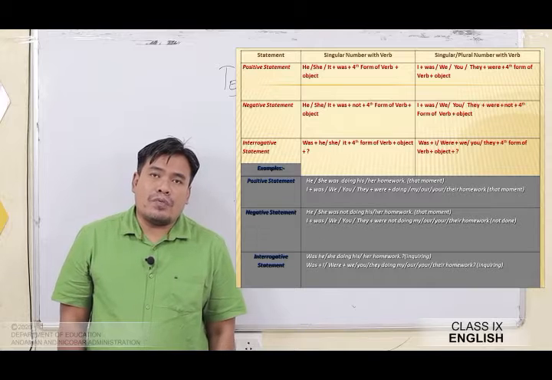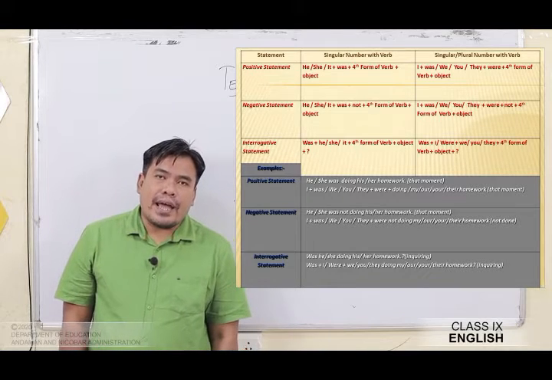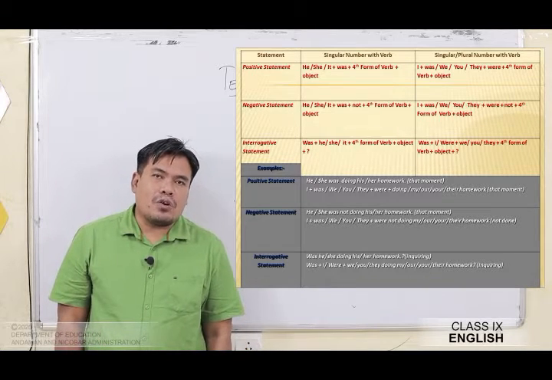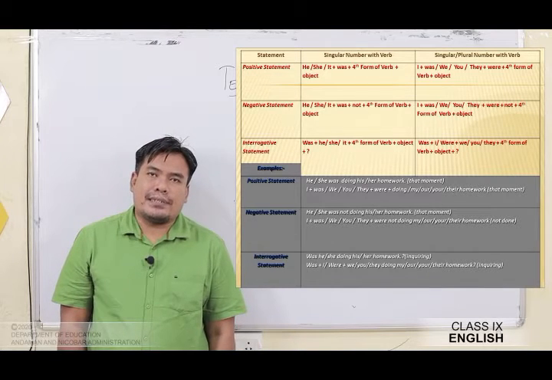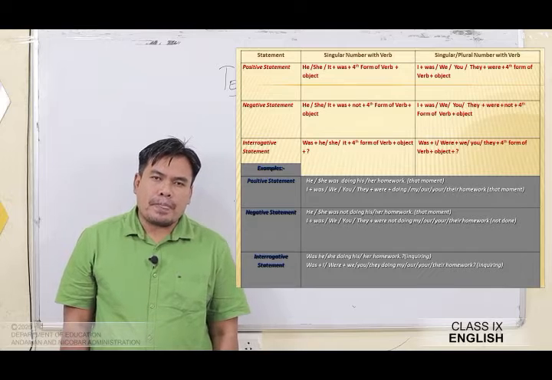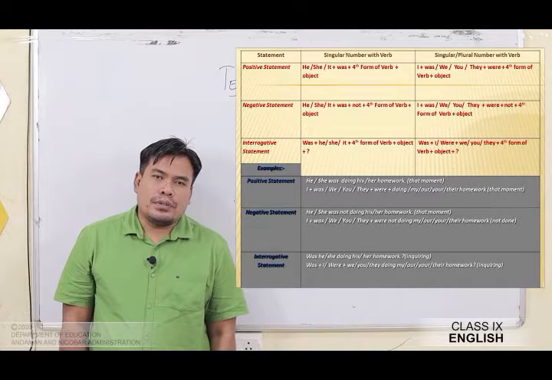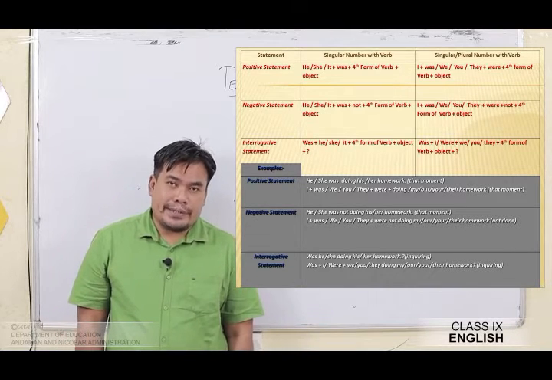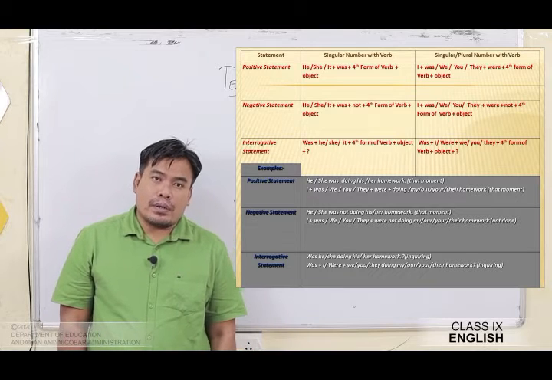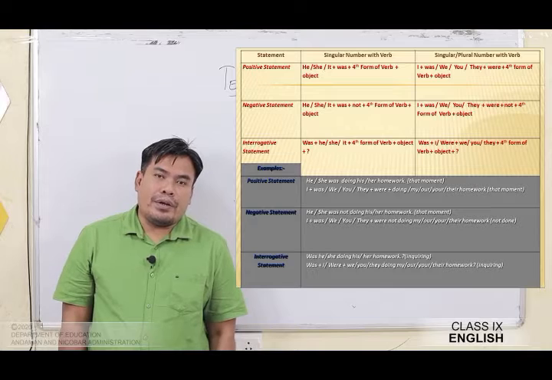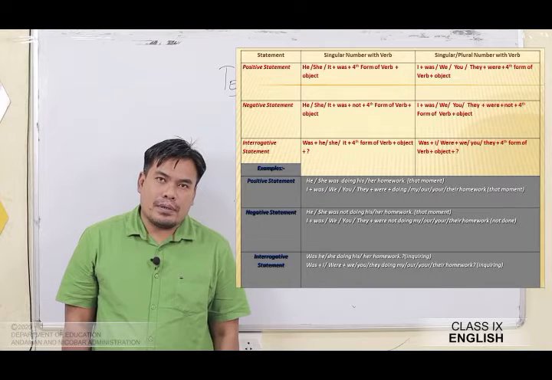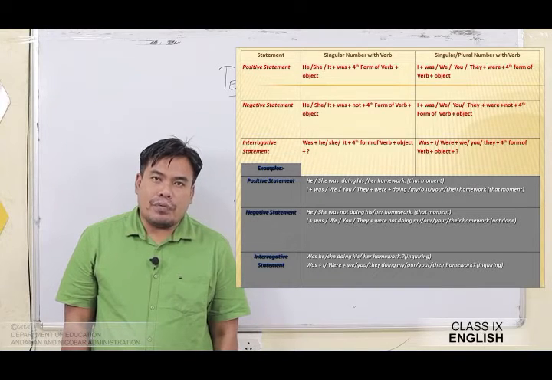And in terms of I, we, you, they, was comes along with I, as I told you earlier in the table that has been shown to you. I was doing my homework, you would say. Or else you would say, we were doing our homework, whenever you're using we.